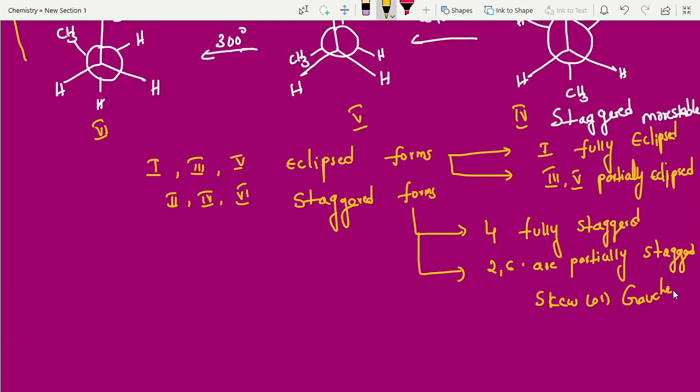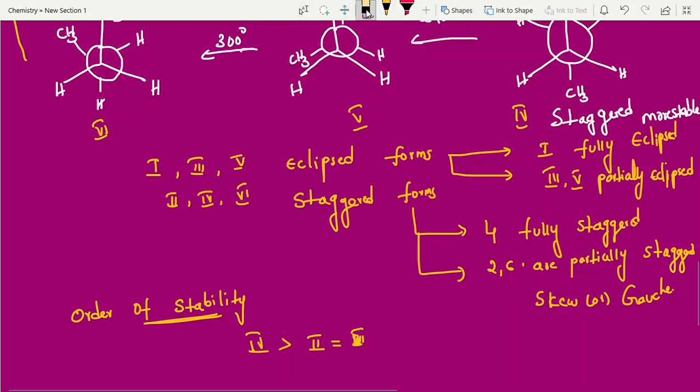Okay. Now, order of stability. The last question here. Order of stability. Can you tell which is more stable? Fully eclipsed, that is the fourth form. Fourth form is more stable. After that, second form and sixth form. Second and sixth are almost the same stability.